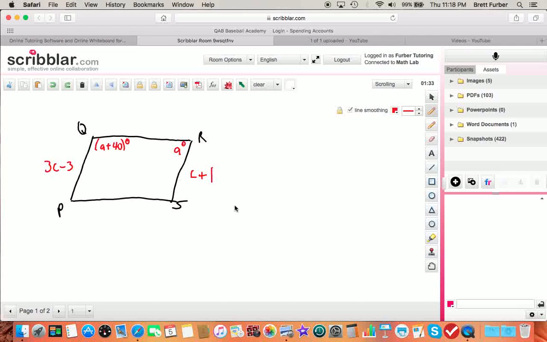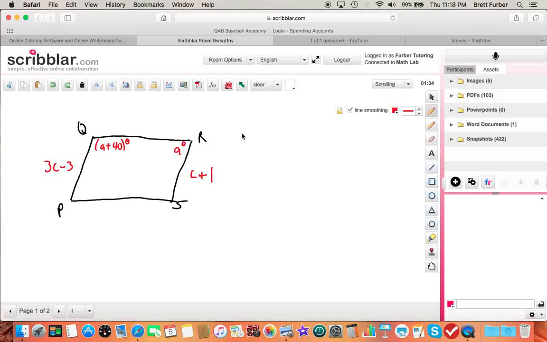So we have these two angles here. So if you remember what we know about the angles of a parallelogram, we know that opposite angles are congruent, but we also know from our properties that consecutive angles equal 180.